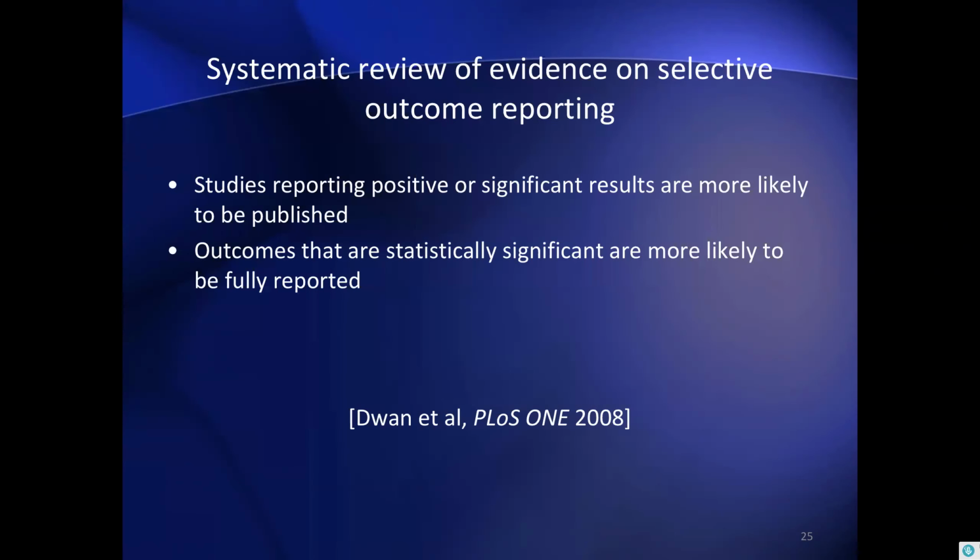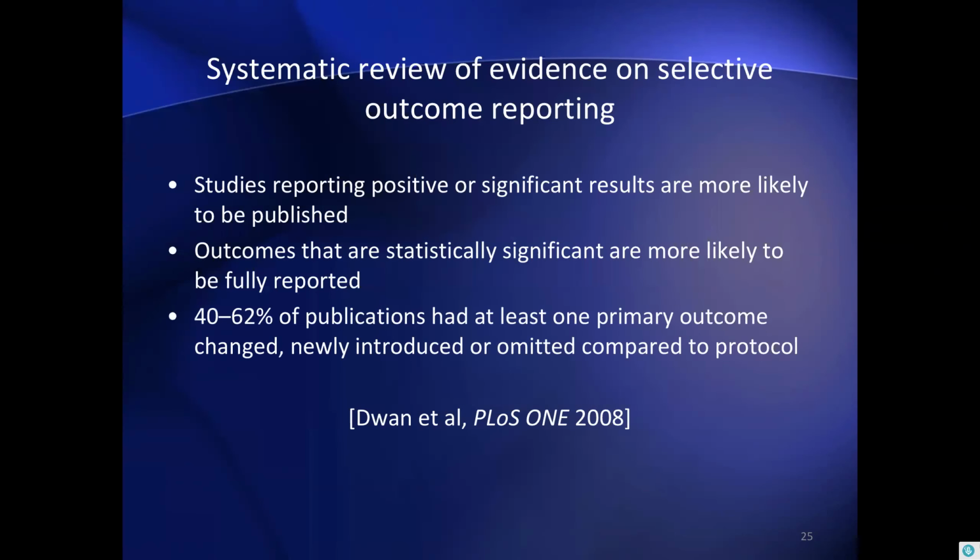And although outcomes may be legitimately changed during the course of a study, the frequency with which changes to outcomes are made in this review suggests that we're not paying enough attention to identifying and selecting the most important outcomes at the beginning of the study, involving all the stakeholders that matter. In this particular review, 40 to 62% of publications had at least one primary outcome changed, newly introduced, or omitted compared to the protocol. And please note, this isn't outcomes, this is primary outcomes.